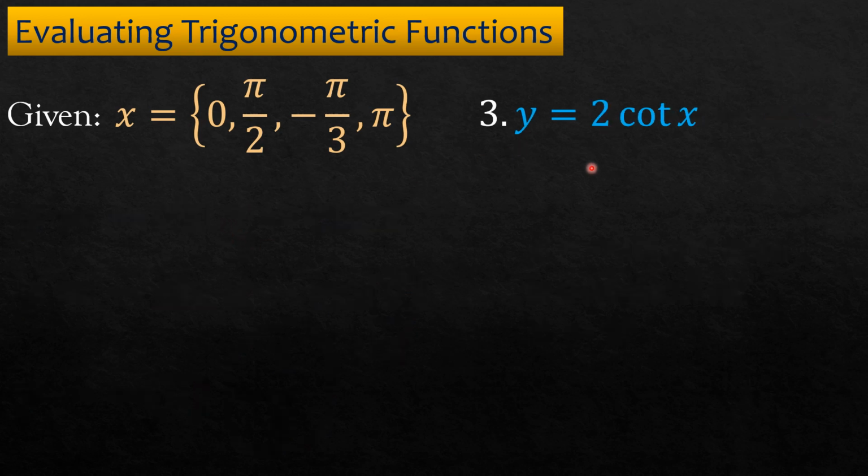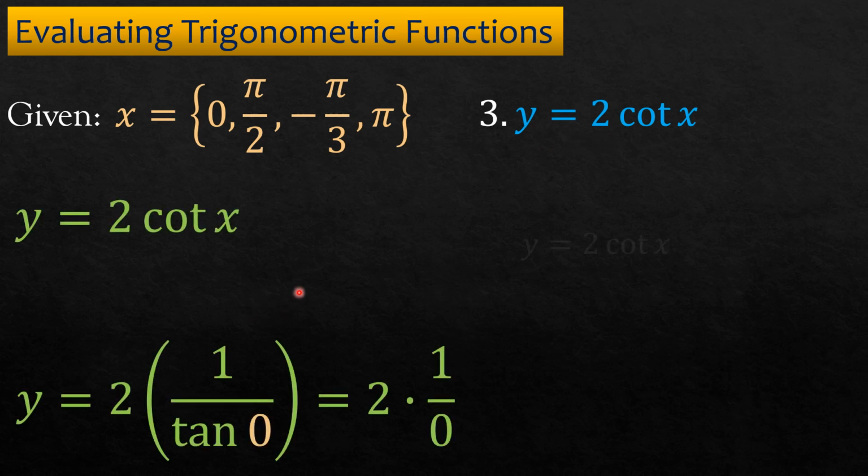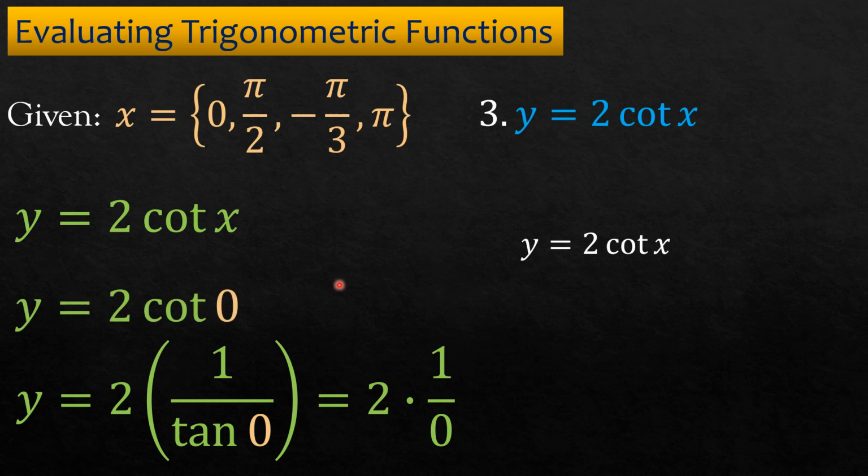So here, y that is equal to 2 cotangent x, when x is equal to 0, we can automatically have cotangent 0 here. And the cotangent function is the reciprocal of the tangent function. So cotangent 0 is equal to 1 over tangent 0. But tangent 0, by the ratio identity, is also equal to sine 0 over cosine 0.